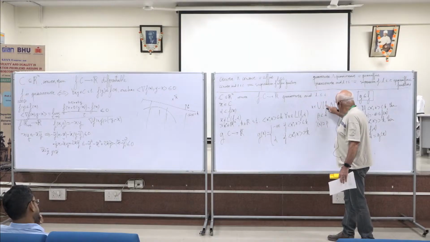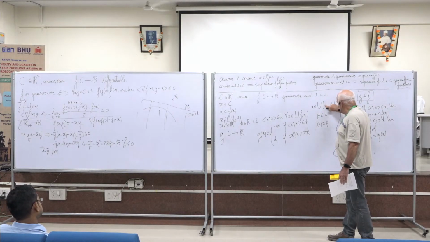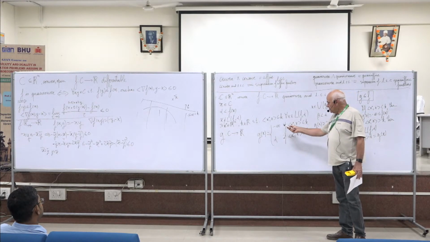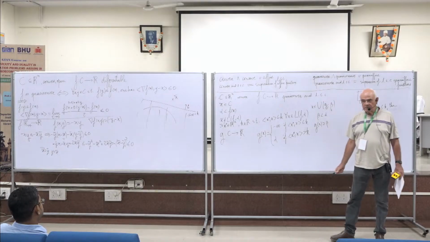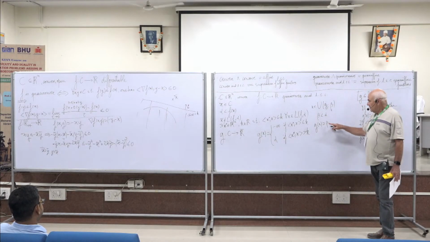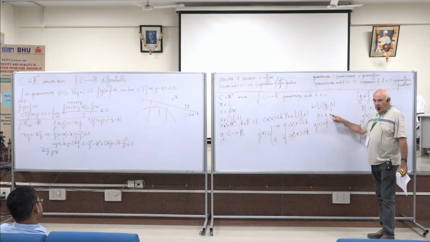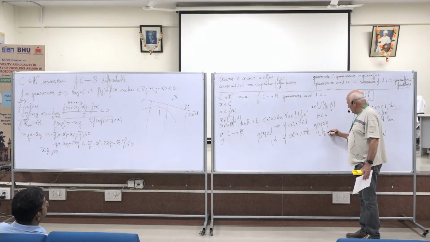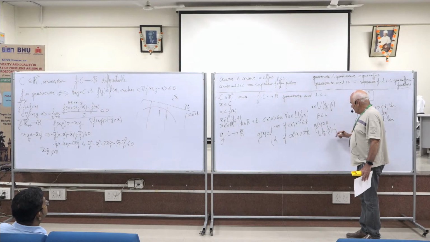I'm considering the upper level sets of G. G only takes two values, minus infinity and alpha. So greater than or equal to beta must be alpha. Then in this case, the upper level set of G beta is a half space.